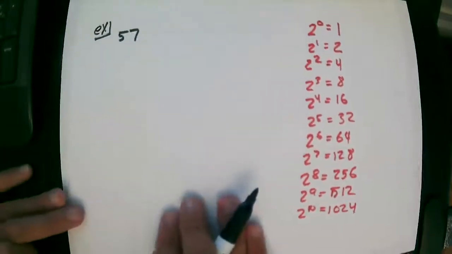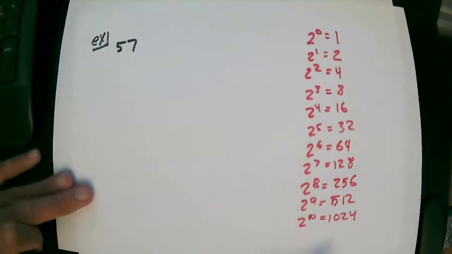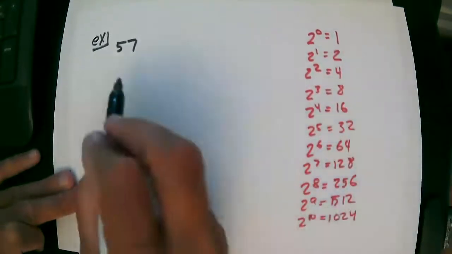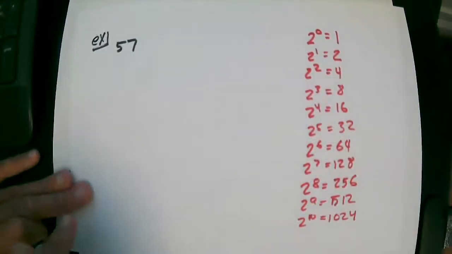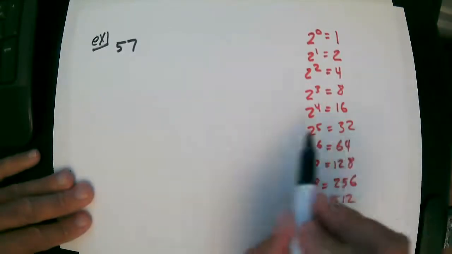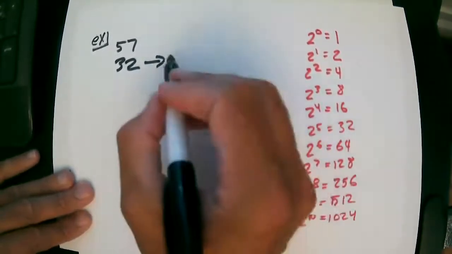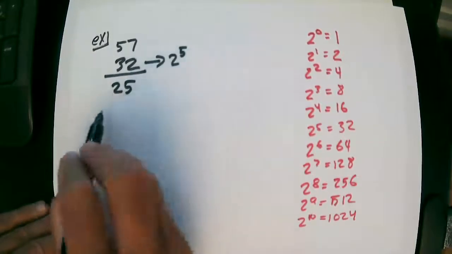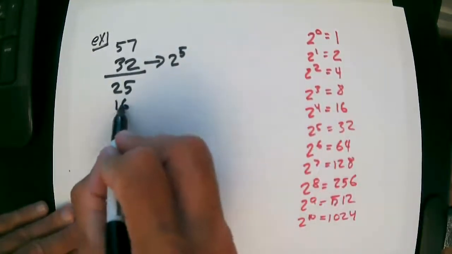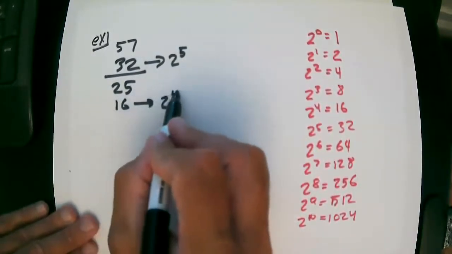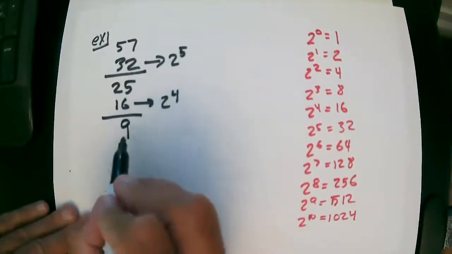So let's take this number 57. The first thing I'm going to do is ask, which power of 2 is the largest one that I can take away from 57? In this case, it's going to be the 32. And that happens to be a 2 to the 5th power. And so that leaves me with 25. Then I can take away a 16, which is a 2 to the 4th, leaves me with 9.